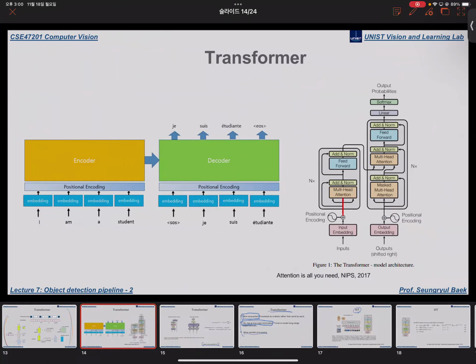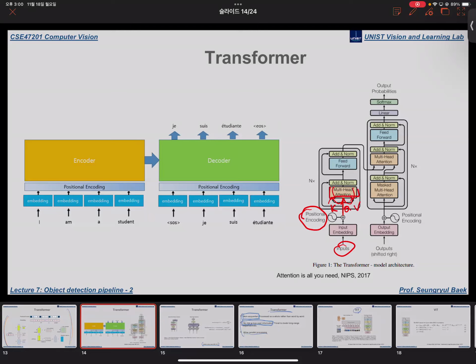So here, from the input, by adding positional encoding with the original sequential input, you can get the input to the attention mechanism. And each arrow is indicating the key, query, values.